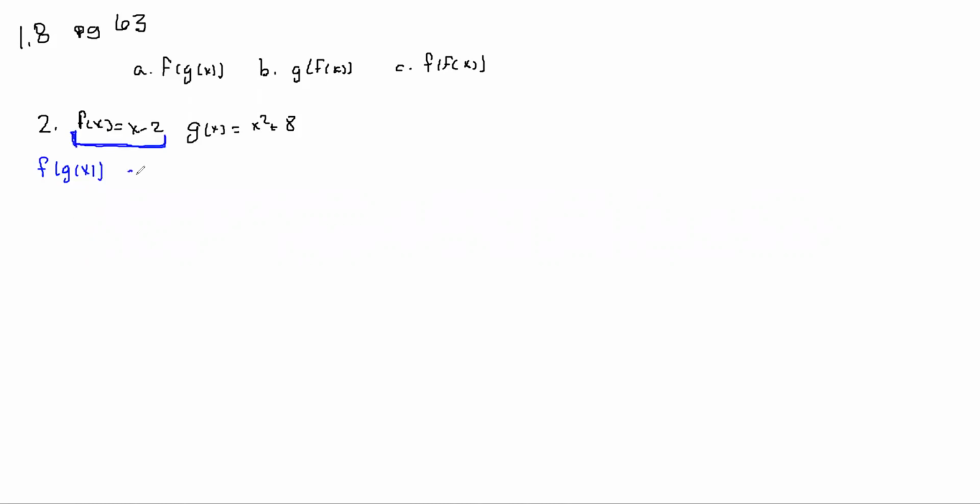Yes, exactly. So we're pretending this x is this whole function g. So this is going to be equal to x squared plus 8, and I can put it in parentheses, but it's just to the first power, minus 2. So x squared plus 8 minus 2 will be x squared plus 6. And that is that. What about for this next one, g of f of x?